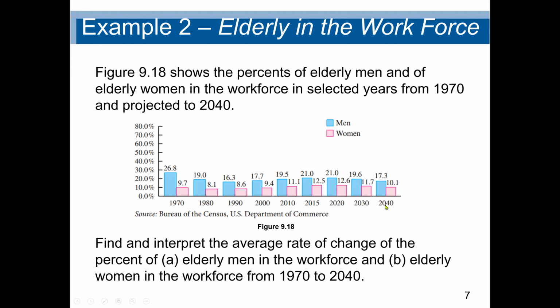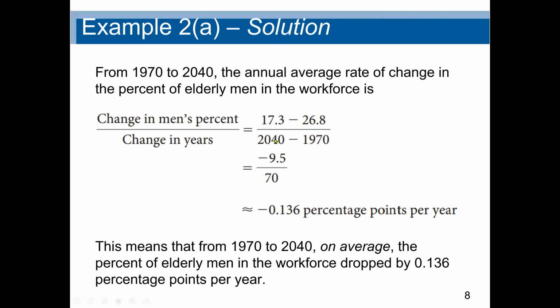So we can find the difference of 2040 and 1970. For men, the difference of 17.3 and 26.8. The answer will be negative because we can see it's decreasing. For women, the answer will be positive. It's 10.1, and 1970 was 9.7. So it increased a little bit. So let's see the solution here.